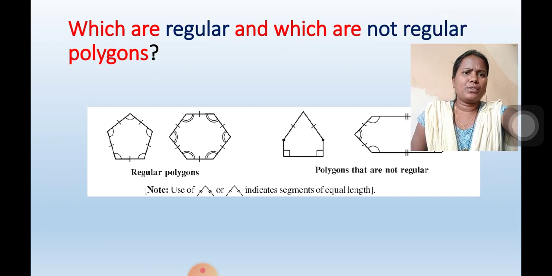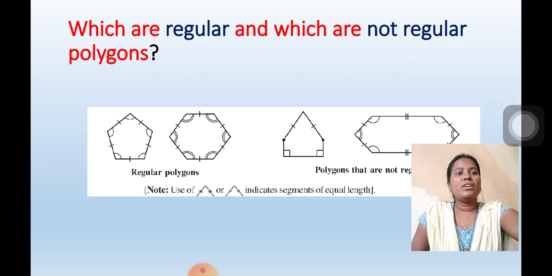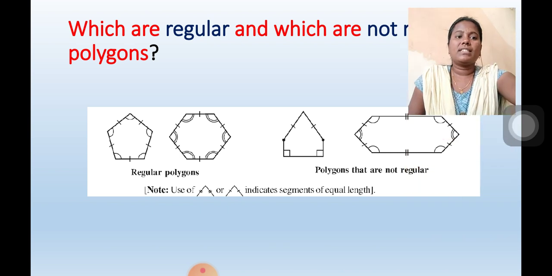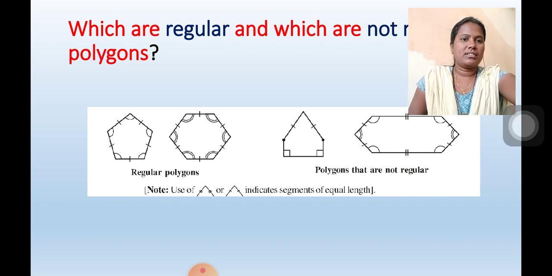Now let us go for which are regular and which are not regular polygons in this slide. The first set of figures are the regular polygons, and the second set are polygons that are not regular. Can you see the difference?